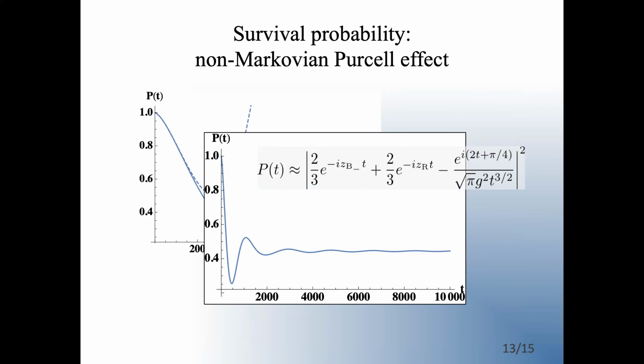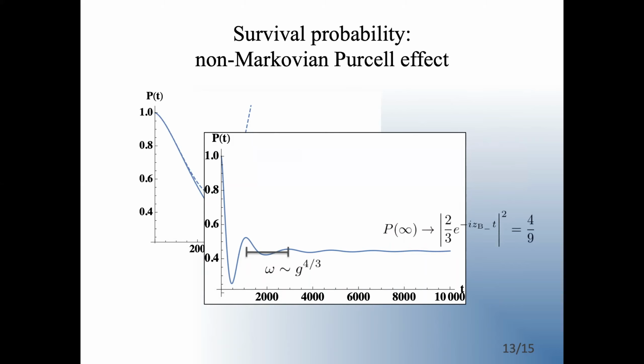And so the cross terms from these three terms all have an oscillation that is proportional to g^(4/3). And so that's the frequency that appears here. And finally, in the asymptotic limit, t goes to infinity, the pole from the bound state just gives us that the asymptotic survival probability approaches 4/9.